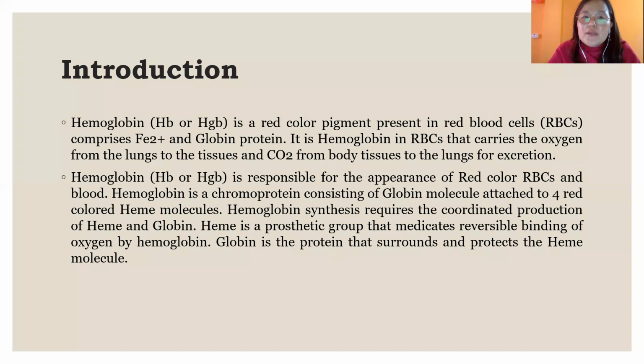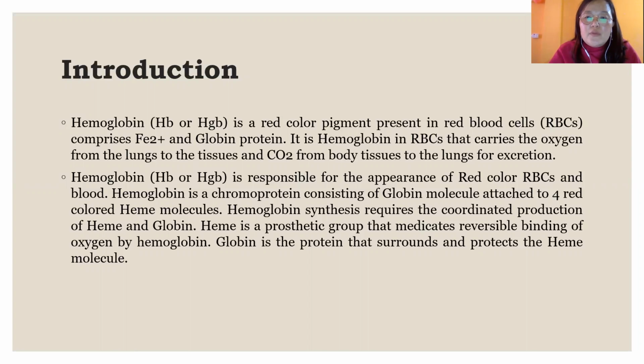Okay, so hemoglobin, Hb, which we also write as HGB, is a colored pigment present inside the RBC. It comprises an iron part and a globin part. This iron part is also called the heme part. It plays a very important role in transportation of oxygen from the lungs to the tissue and carbon dioxide from the tissue to the lungs for excretion.